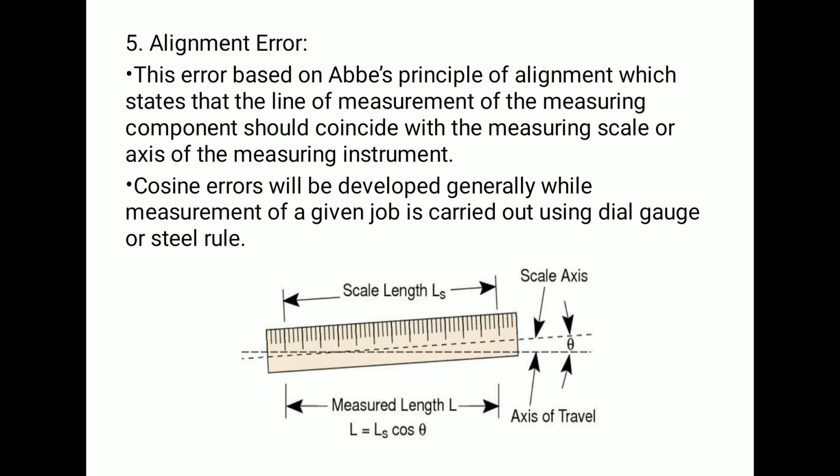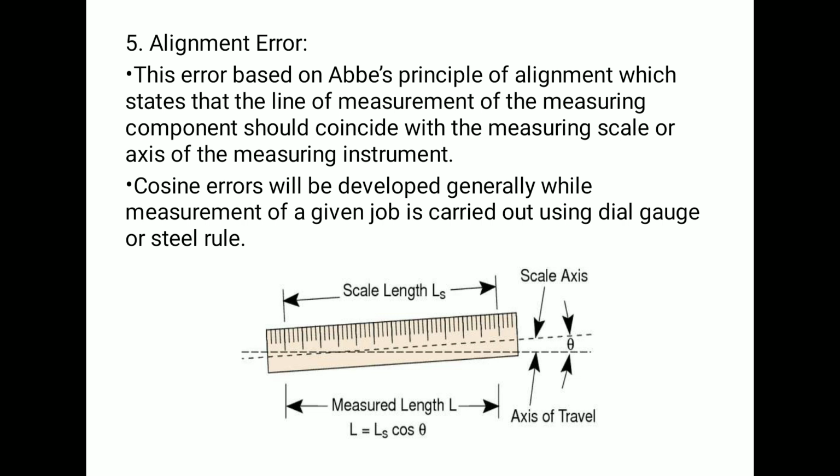Generally, cosine errors will be developed while measurement of a given job is carried out using a dial gauge or a steel rule. For example, I have shown one figure here. A steel rule or scale is used for measuring a certain length, but it is not aligned properly.